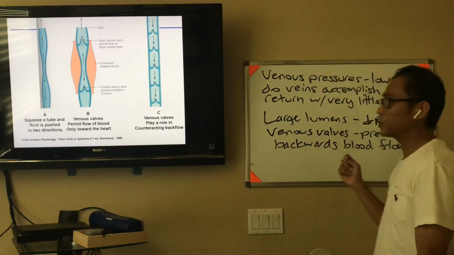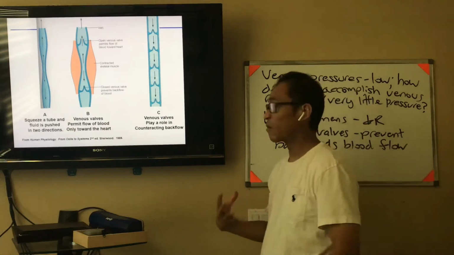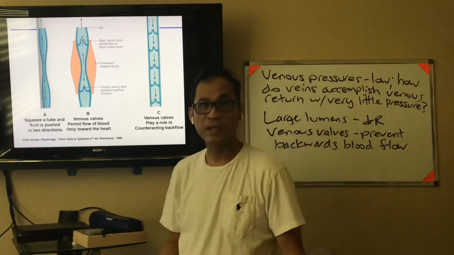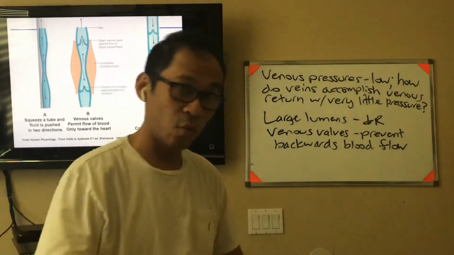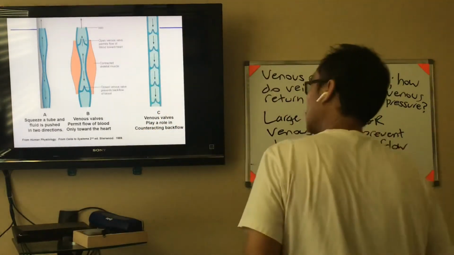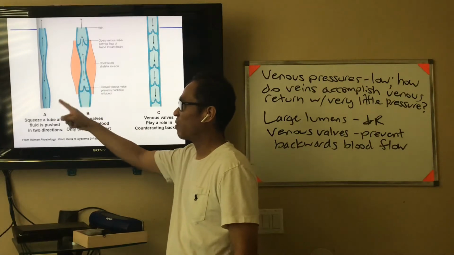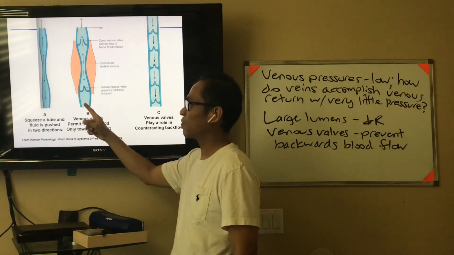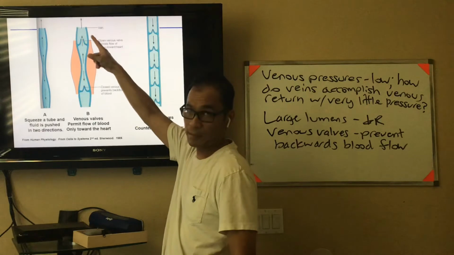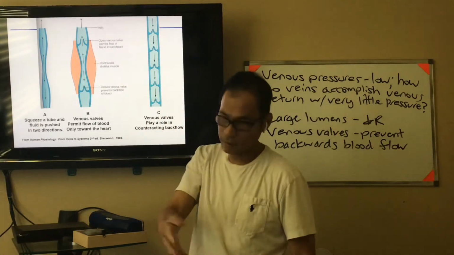But in conjunction with skeletal muscles contracting around your veins, that's why circulation works best when you're upright and active and moving around, you're contracting your muscles. You're squeezing the blood, but instead of squeezing it down, the valve closes here to prevent backwards flow of blood, and you squeeze it up towards the heart.